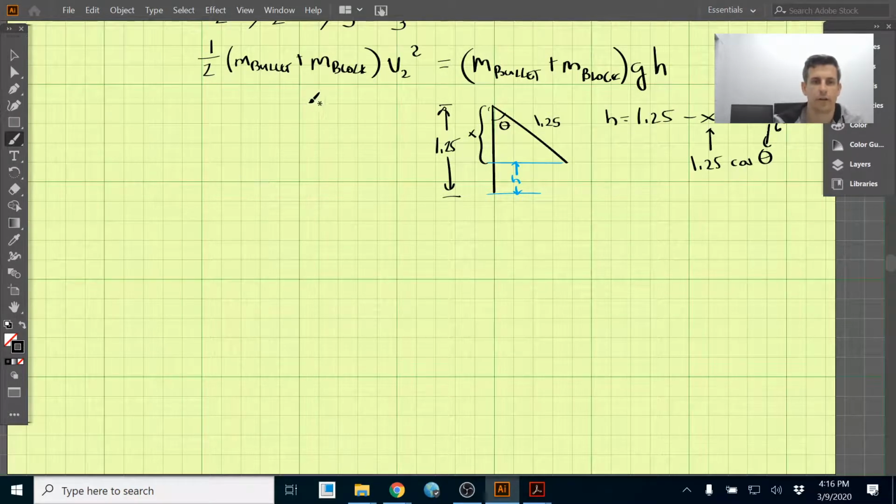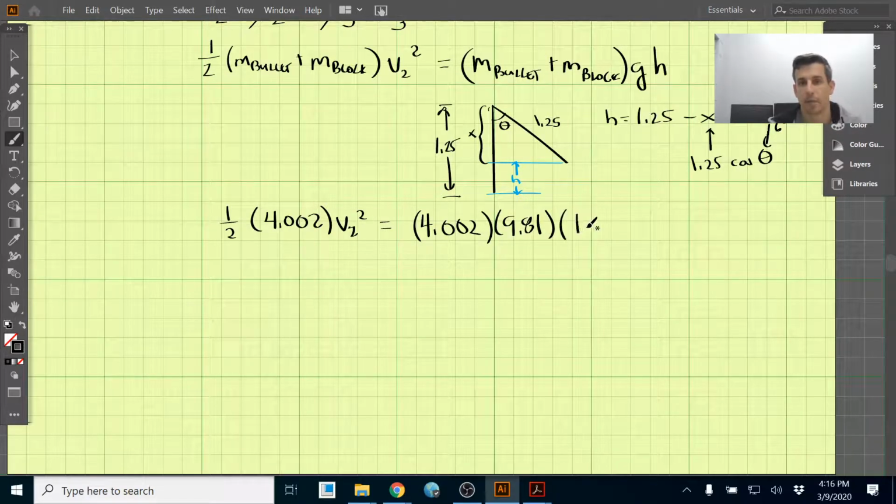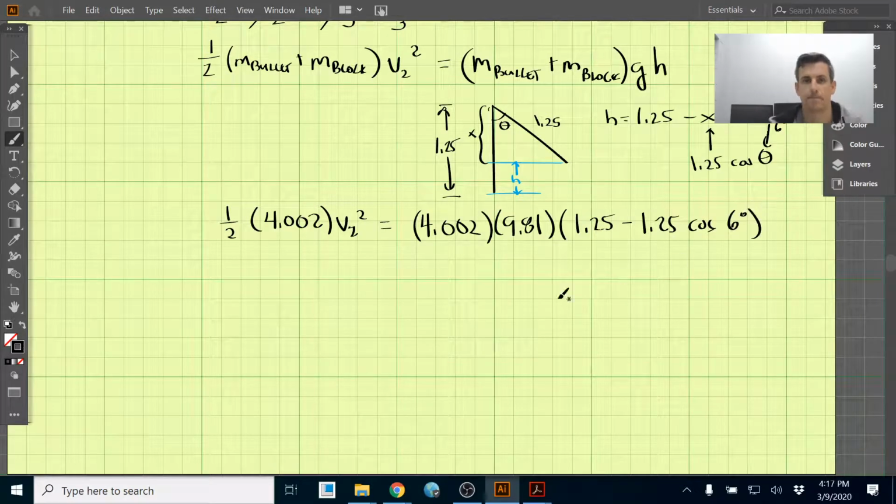So filling out this equation, it comes out to be 1/2 times 4.002 V2 squared equals 4.002 times 9.81 times 1.25 minus 1.25 cosine 6 degrees.